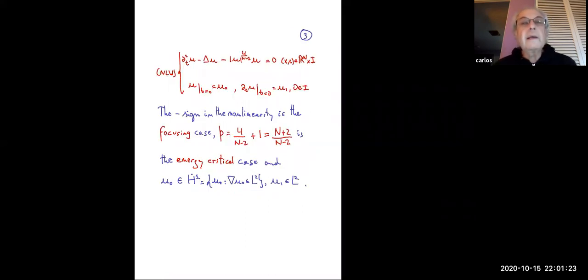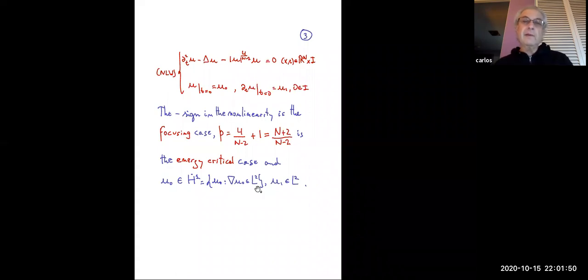So I remind you the nonlinear wave equation is the second derivative in t of u minus the Laplacian of u minus the nonlinearity, absolute value of u to the 4 over n minus 2, times u. And x is in R^n, and t is in an interval I to which the origin belongs.